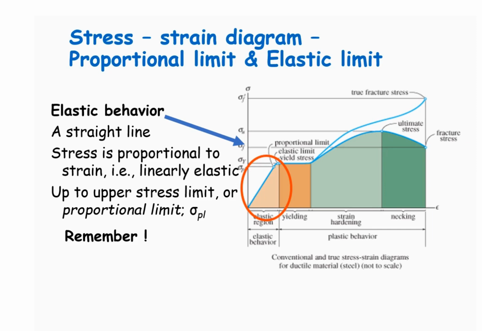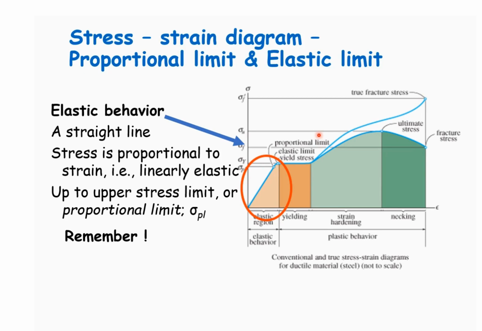In this region, we can see a straight line that shows elastic behavior, with stress directly related to strain. The proportional limit is the point where stress and strain are directly related, and the stress at this point is called the proportional limit stress.